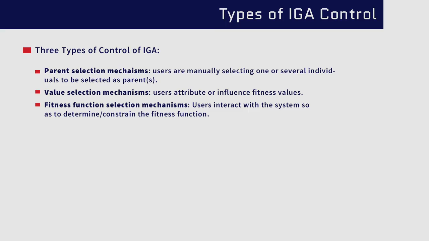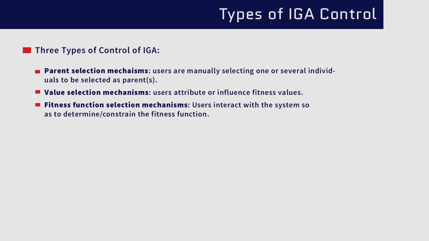The second family of interaction mechanisms allows users to contribute or influence individual fitness values. The user can be directly asked for actual fitness values and fitness scores of individuals, or be asked to rank individuals instead of rating them. The third type of control involves the user defining the fitness function that will then be applied to individuals.